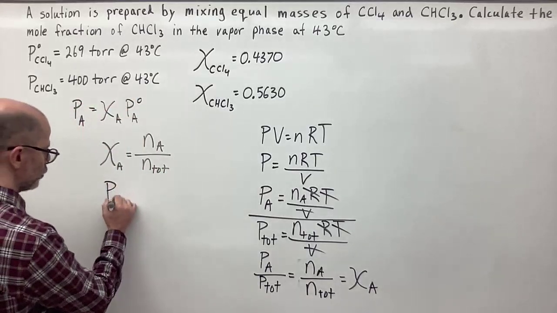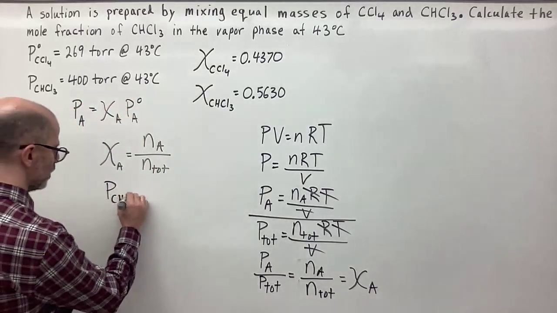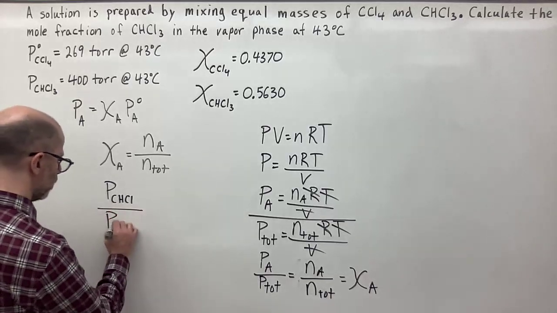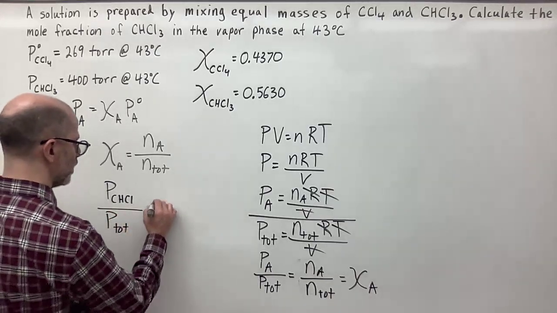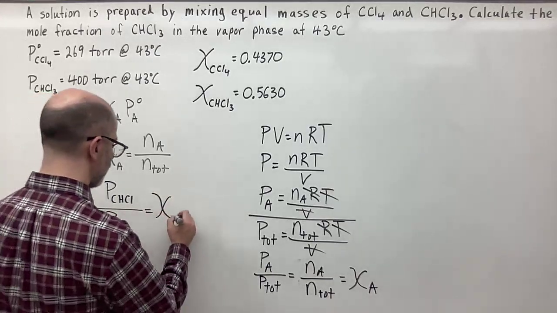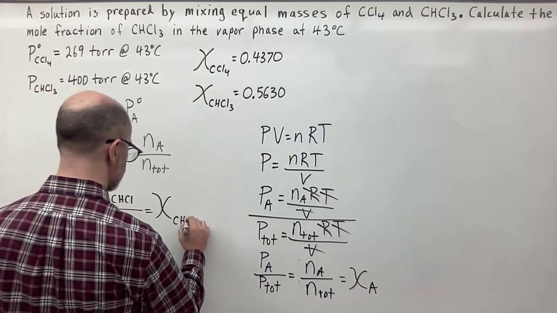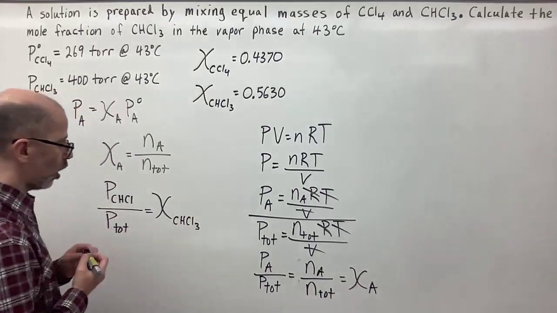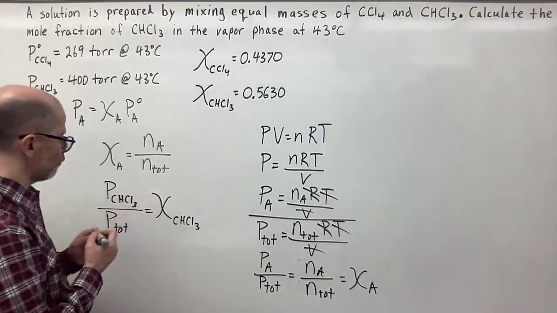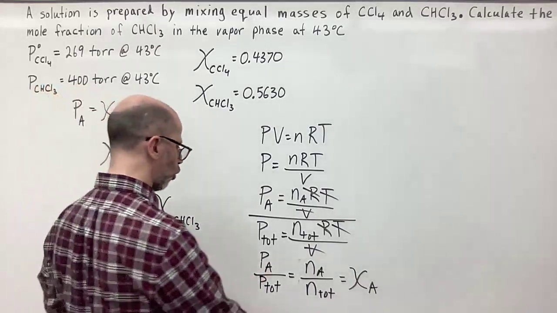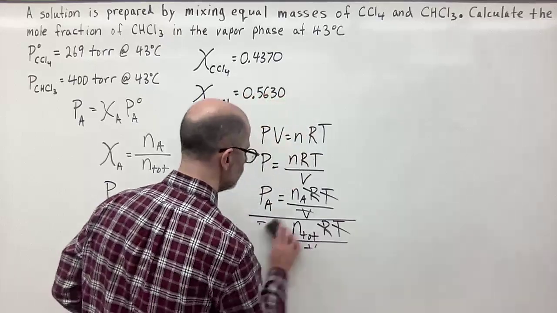So pressure of CHCl3 over the total pressure gives us the mole fraction of CHCl3. So all we need to do is find the partial pressure and the total pressure. Okay, so let's go ahead and do that.